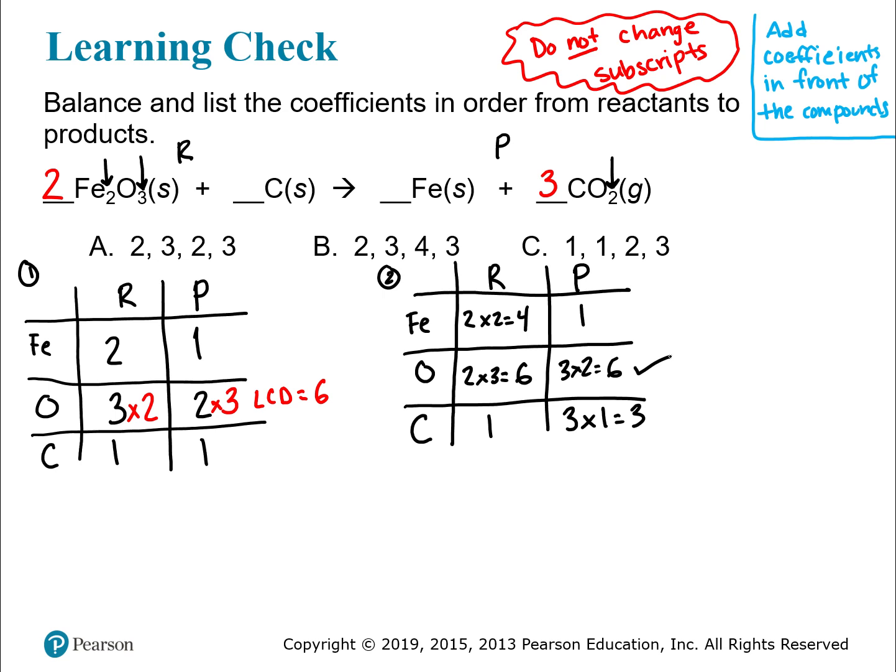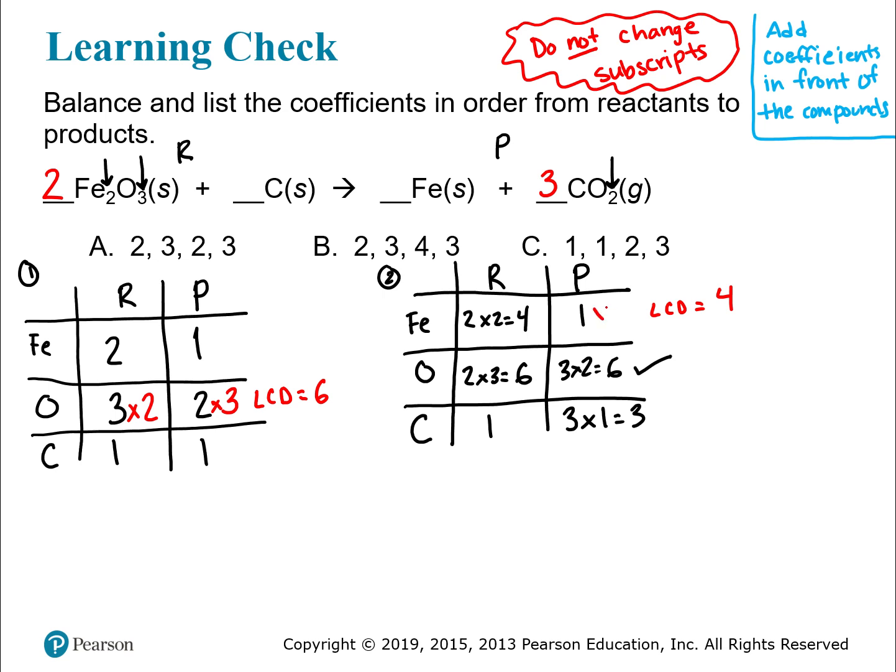Our oxygens are balanced, but the iron and the carbon, they're not. Lowest common denominator for the iron is going to be 4.